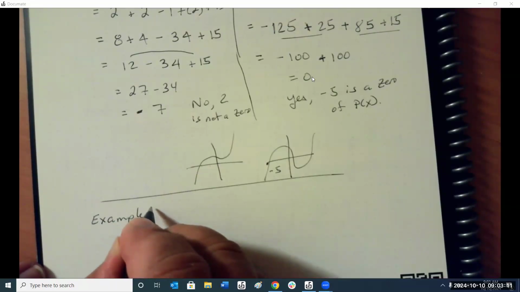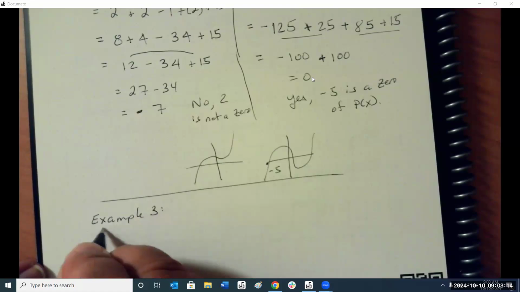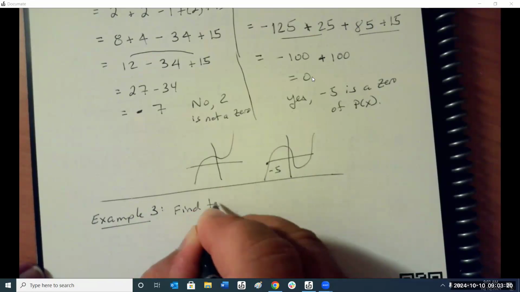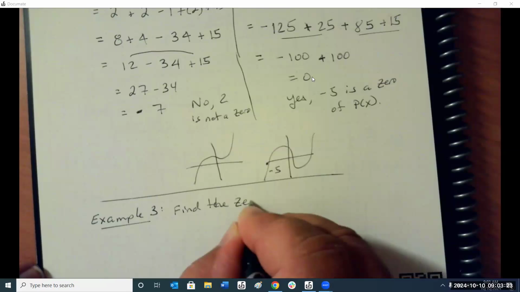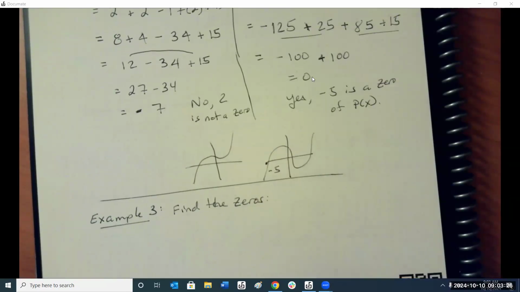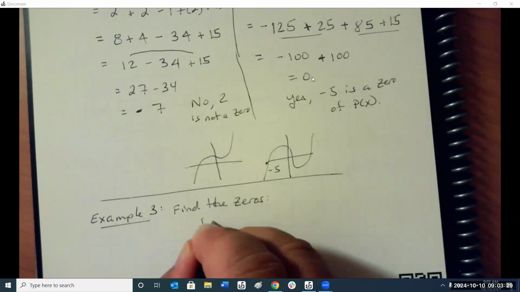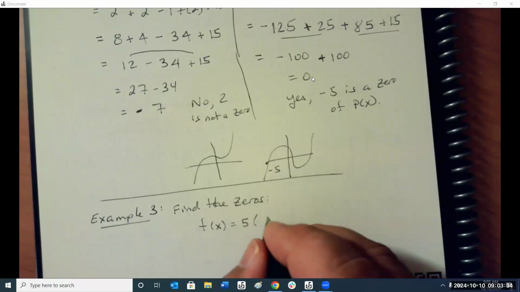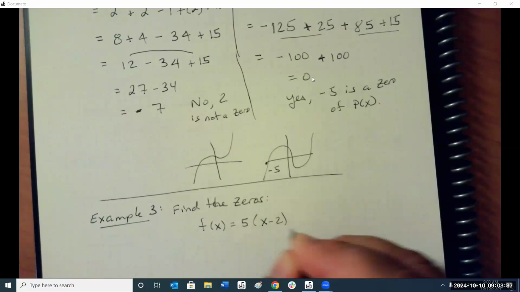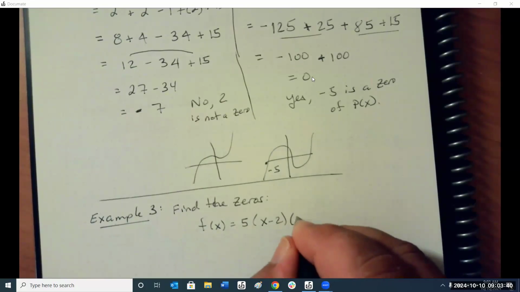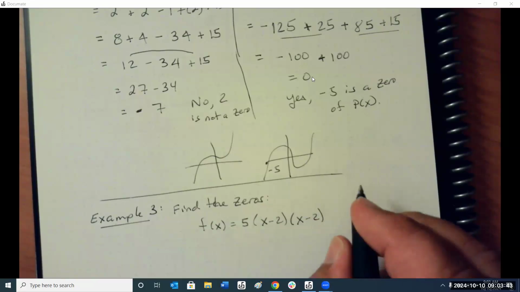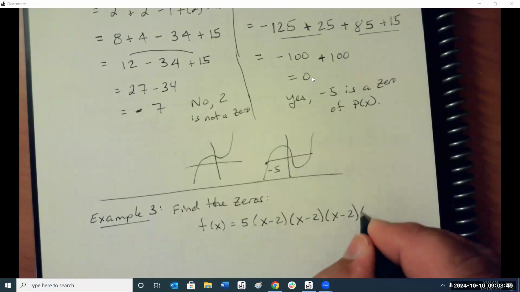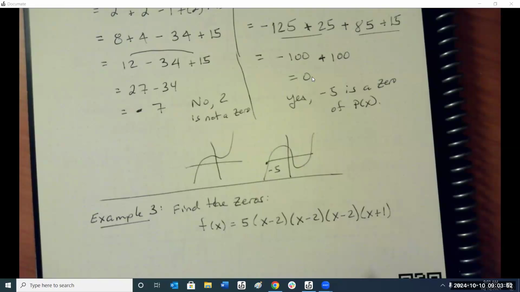Example: find the zeros. F of x equals 5(x minus 2)(x minus 2)(x minus 2)(x plus 1).